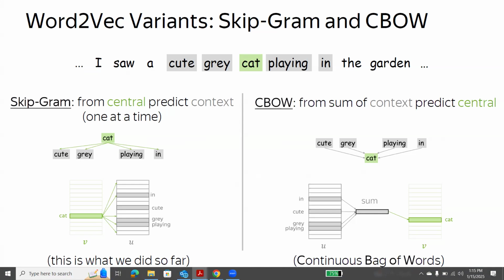In the other model, they calculate the similarity of the central word with gray words and just sum these dot products together. But word2vec has better scientific justification. So typically people use word2vec.